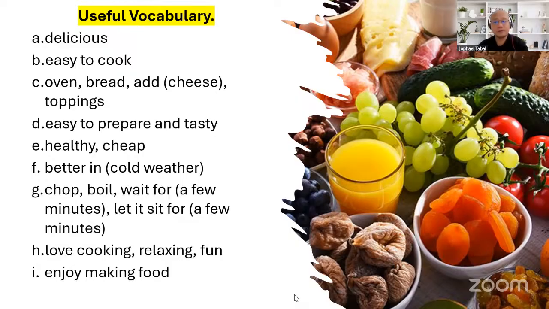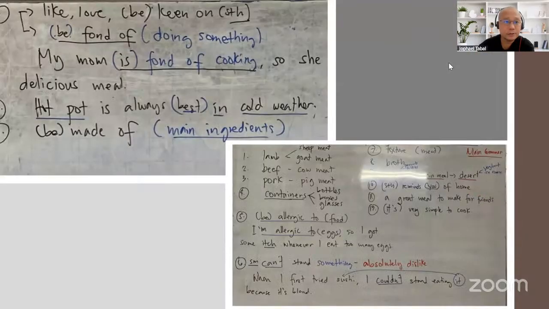We have some vocabs here. Also, I will send this to Zalo, everyone, so you can use them in your speaking, okay? So we have some new words here.